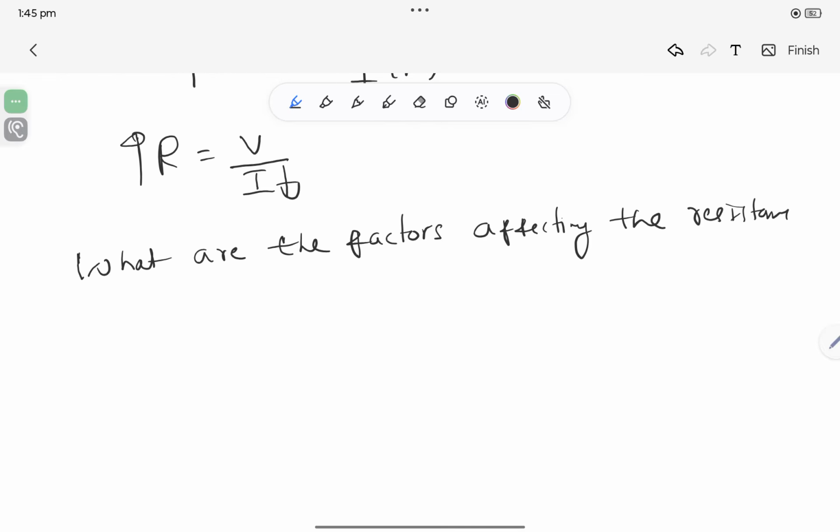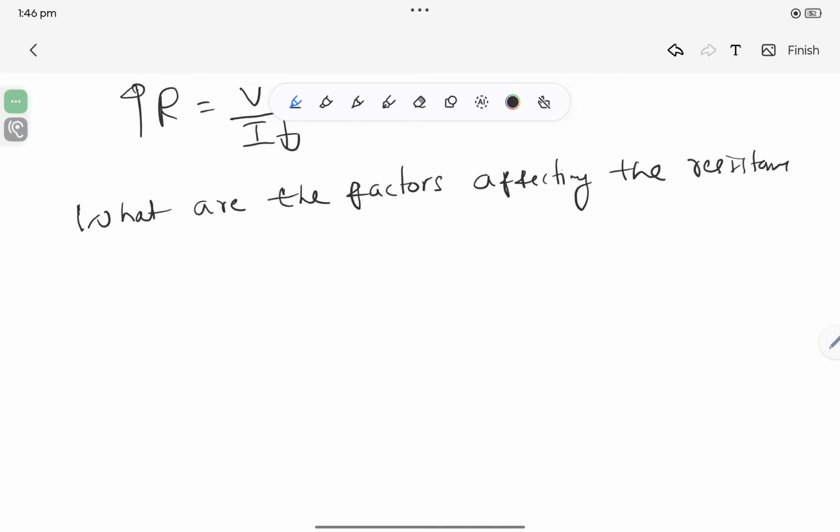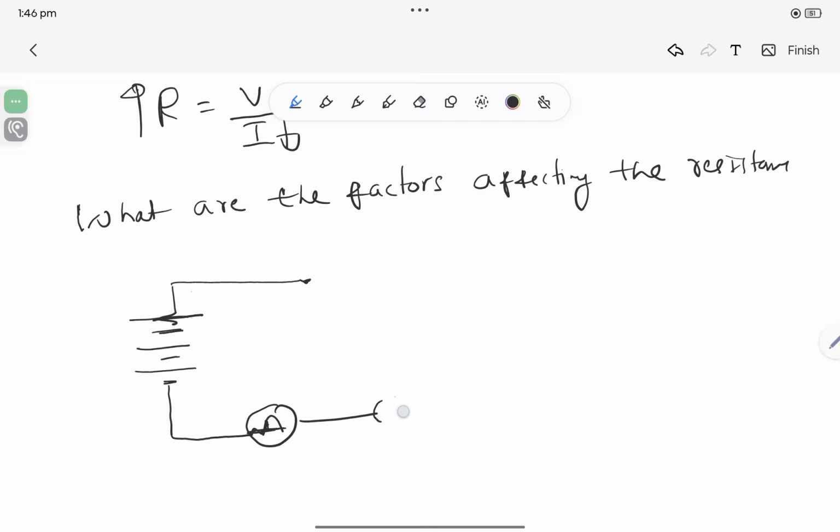To know this, in the experiment we will take the same arrangement, connect the battery here, here X and Y different terminals.